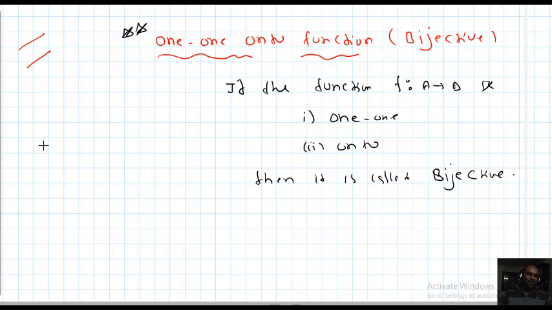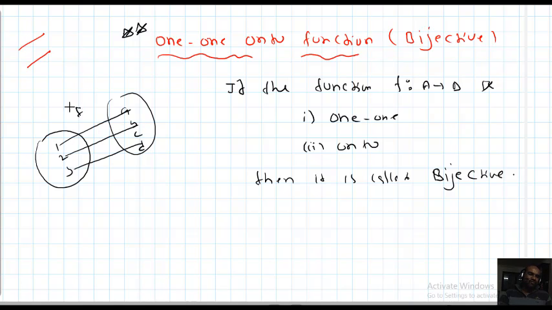Okay, observe here. 1, 2, 3, A, B, C, D are given. F. What type of function is this? One-one, just one-one. Not onto, into. Range not equal to codomain.